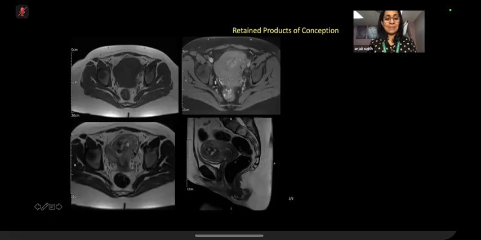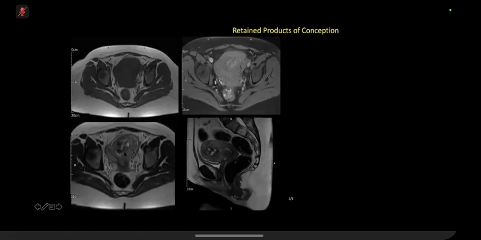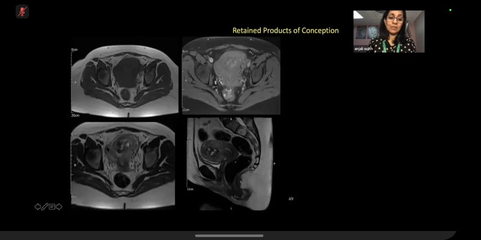We are looking at what you said initially, which was correct. You thought there might be a rudimentary horn. What I meant is this could be a rudimentary horn, or it could be a partial bicornuate uterus. You can see there is a dip here, and this was a pregnancy happening in one of the horns of a partial bicornuate uterus.